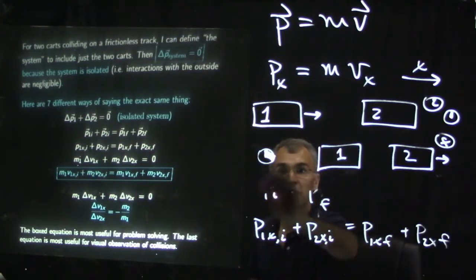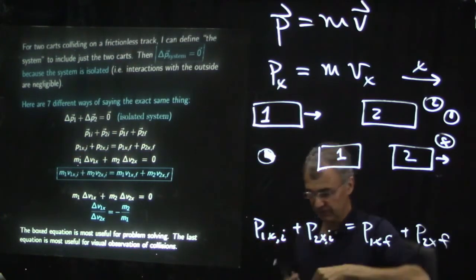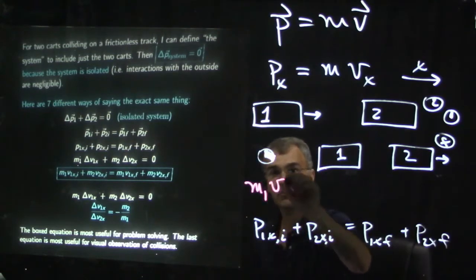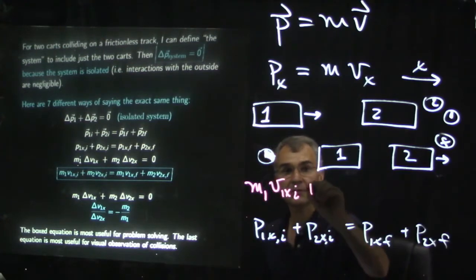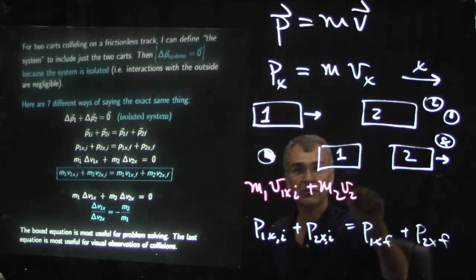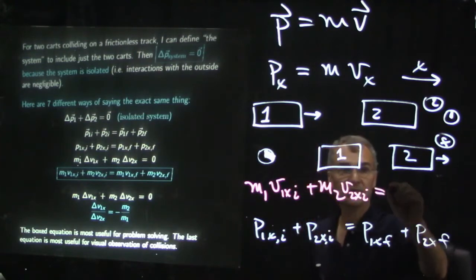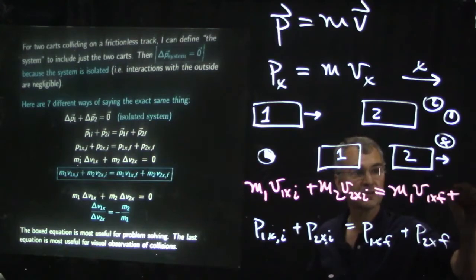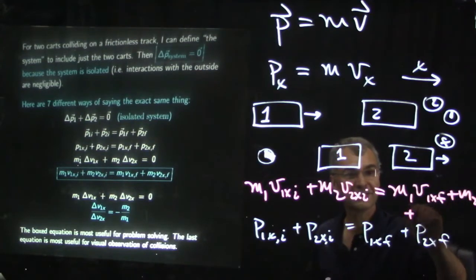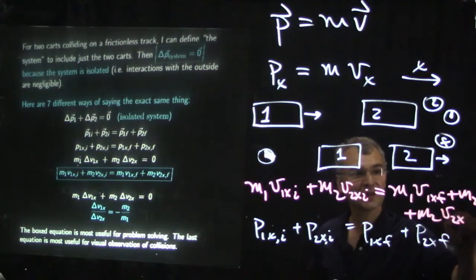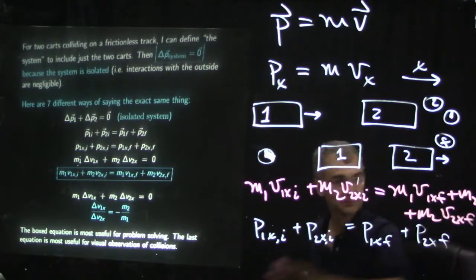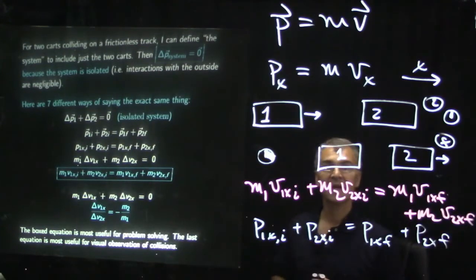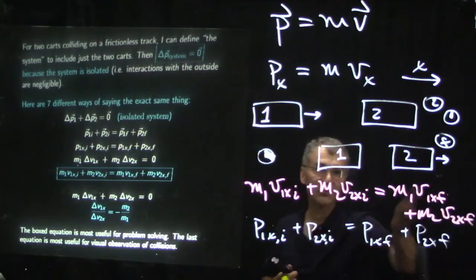So then we can go one more step, and we can say that m1 times v1x initial plus m2 times v2x initial is m1 times v1x final plus m2 times v2x final. And this looks like a little bit of a mess.